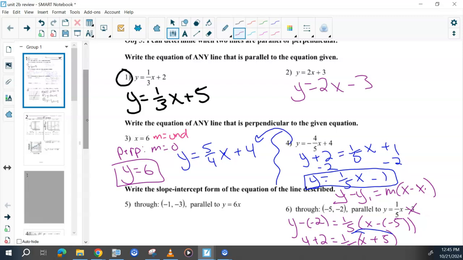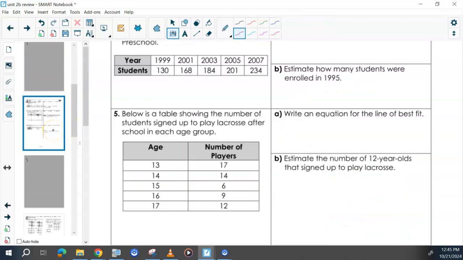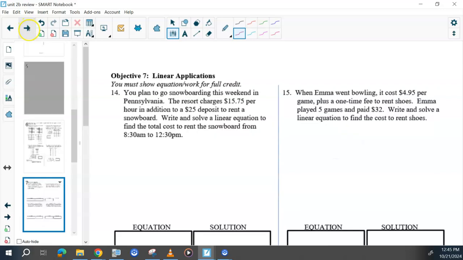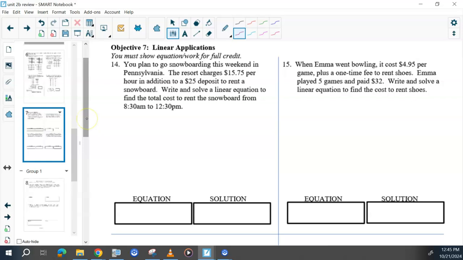I'll let you guys choose. So this is all 4 types that we've been talking about over the last 2 classes.